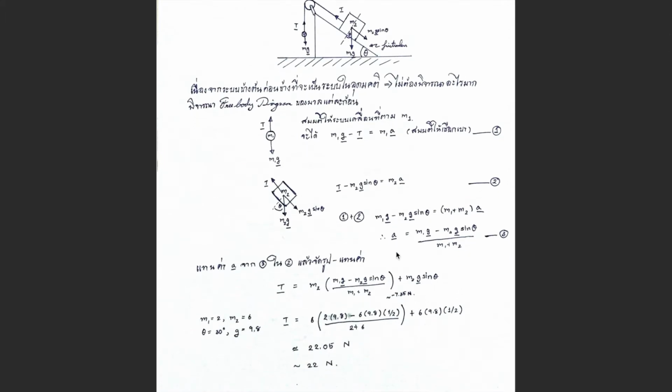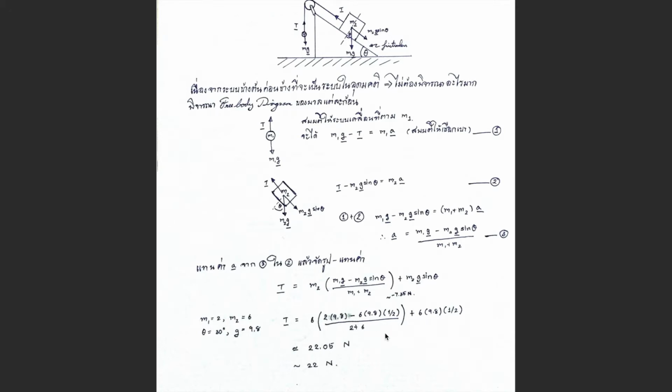So the tension will be equal to this term, and then we just substitute the value of each variable. But I'm so sorry, in the problem, as I mentioned, g is equal to 10, but I used 9.8.